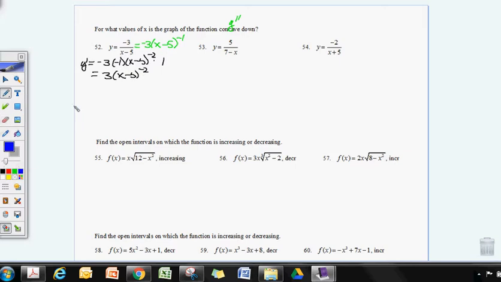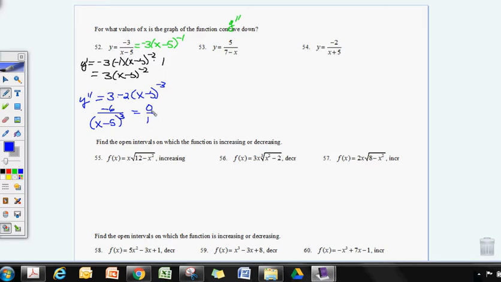So now going on to solve for my second derivative, the 3 comes down in front, negative times -2, (x minus 5) to the -3 power, which is the same as -6 over (x minus 5) to the third power, and that's my second derivative, so I'm going to set that equal to 0 over 1.